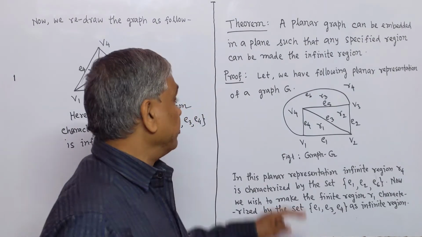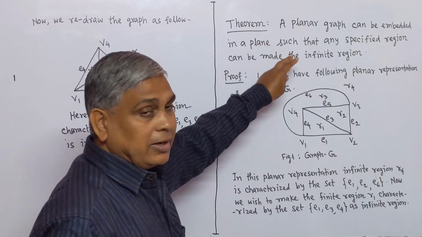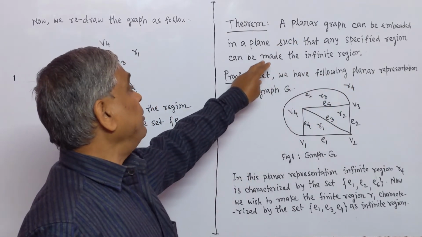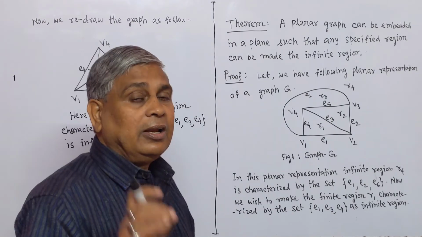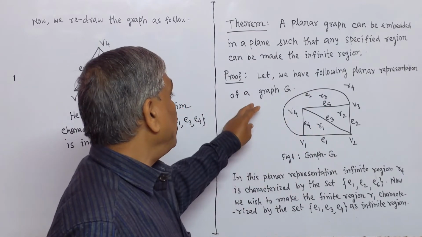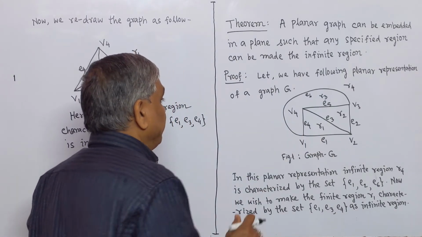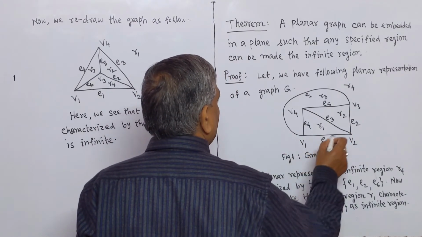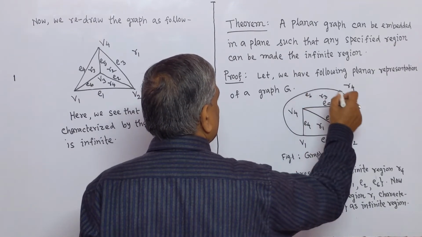Now we prove a theorem. The theorem is: a planar graph can be embedded in a plane such that any specified region can be made the infinite region. Now we prove this. Let we have the following planar representation of graph G. Here we have vertices V1, V2, V3, V4. Edges are E1, E2, E3, E4, E5 and outside E6.